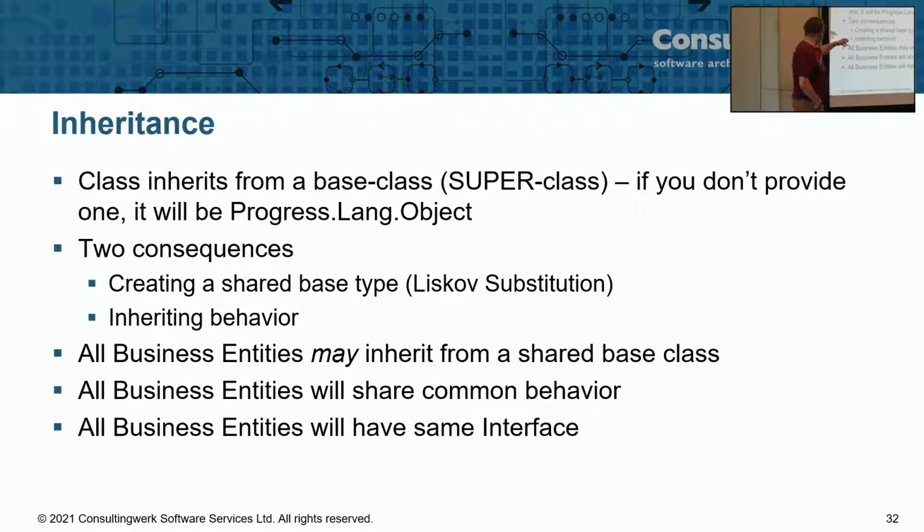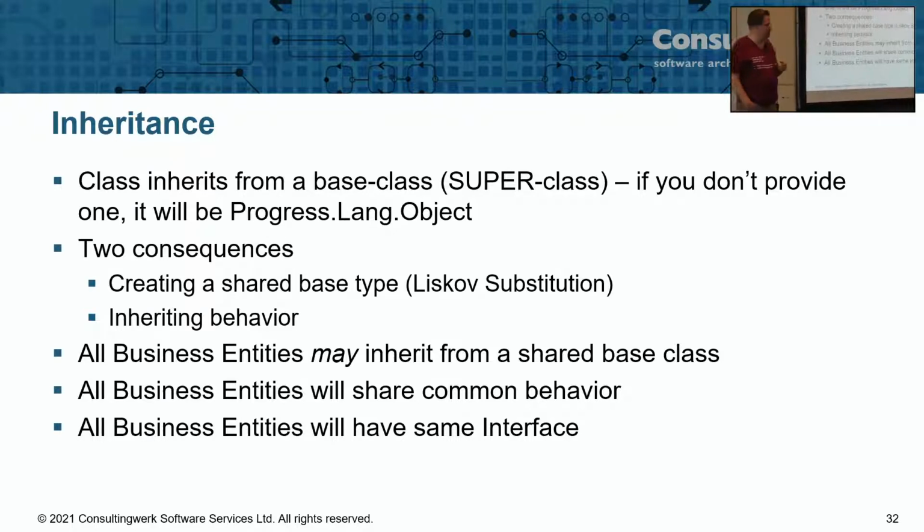And you actually inherit the behavior, so the code in the base class. So that's something that you could be using pretty much like an include file. So like that, well, all business entities that we develop, they may inherit from the same base class. We're not enforcing that, but they may inherit from the same base class.